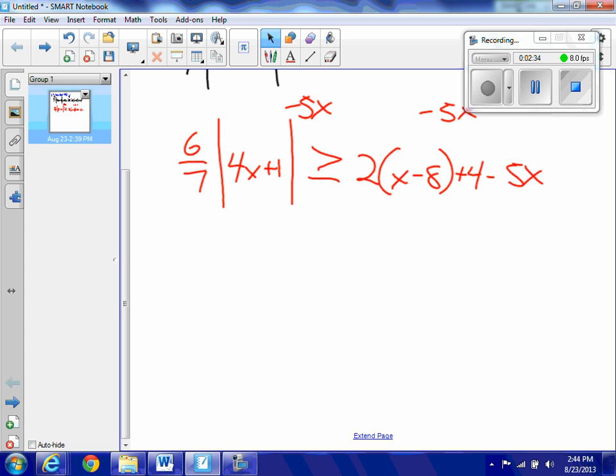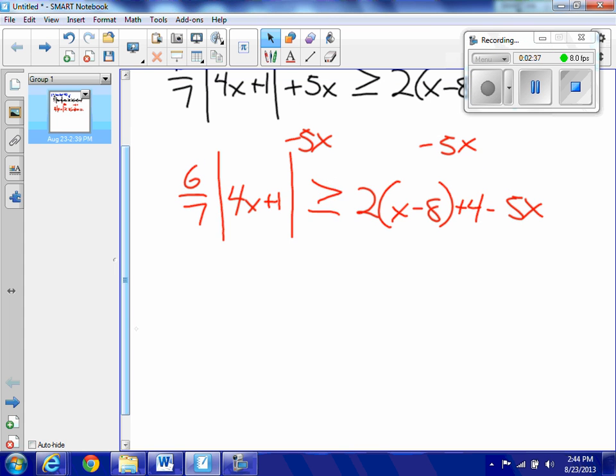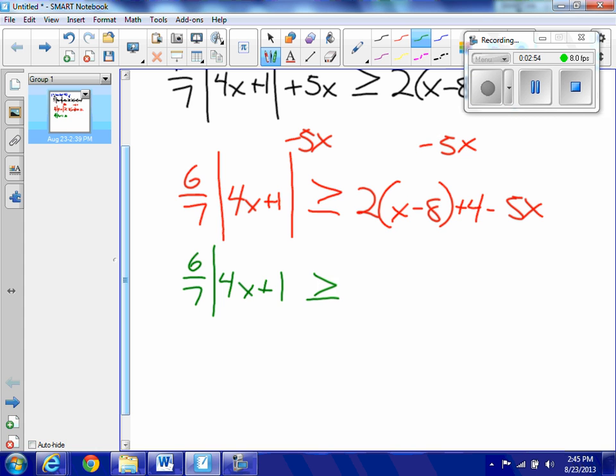Well, I can kind of see that the right side of this inequality is a little bit sloppy, and so I'm going to see what I can do to be able to combine some terms. So whatever this is on the left, it's 6/7 absolute value of 4x plus 1. And I'm going to distribute my 2. 2x minus 16 plus 4 minus 5x.